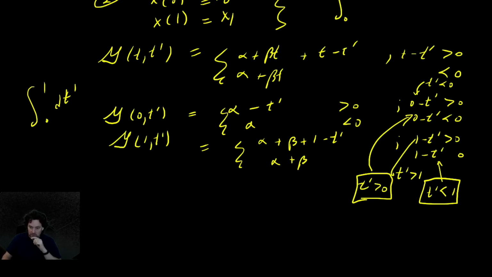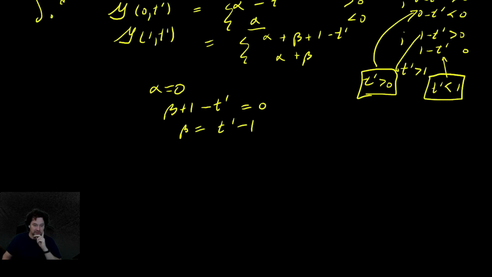Let's look at those two constraints. One of those constraints means that alpha equals 0. And the second constraint means that beta plus 1 minus t prime equals 0. So beta equals t prime minus 1.